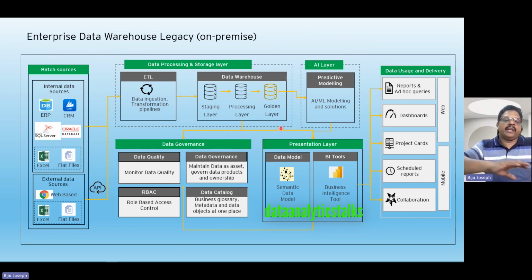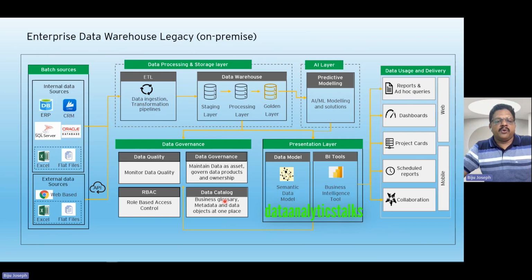In the data warehouse, you will have the staging, the processing layer, then the golden layer. It means the data you transform into a pure form is the golden layer. The gold shows the purity. Then we have any predictive analytics or modeling, so you will have to inject some analytical layer for it. That is the AI layer.